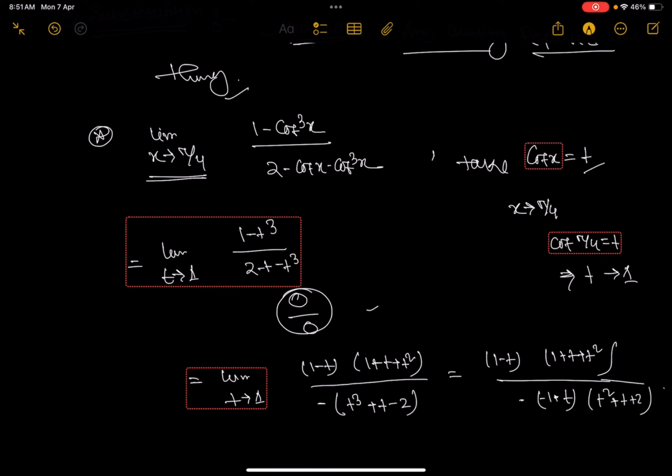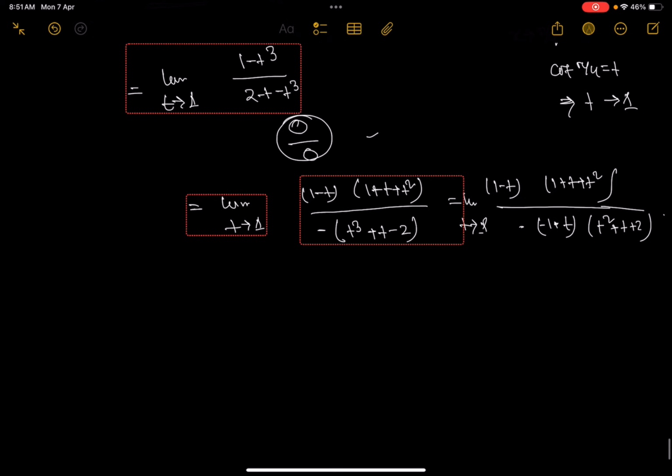If we carefully notice and take this minus common, then we cancel this.